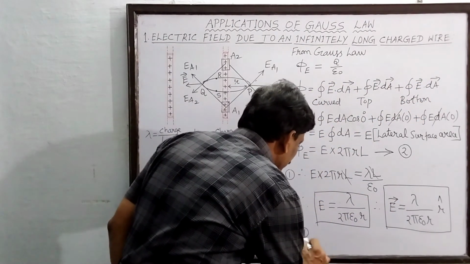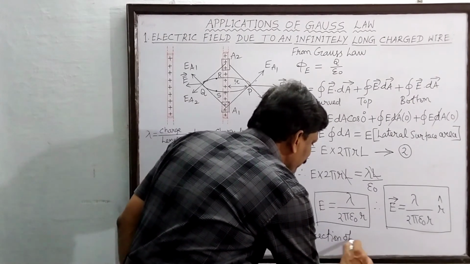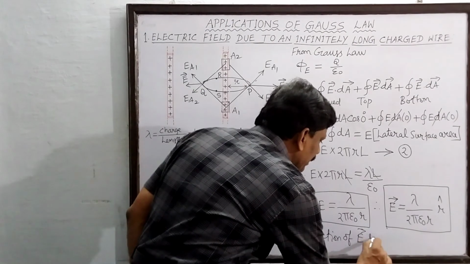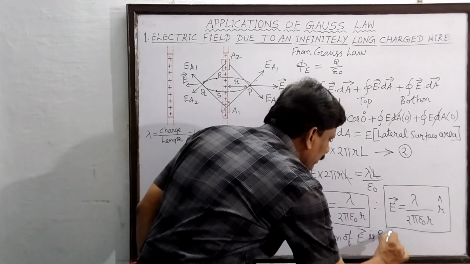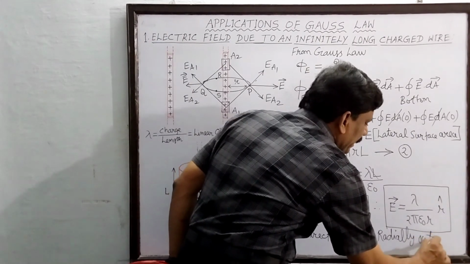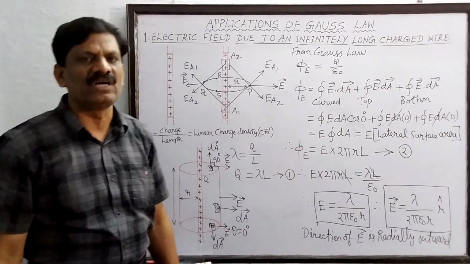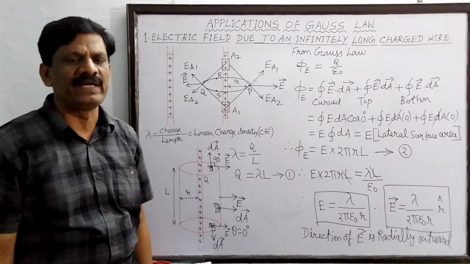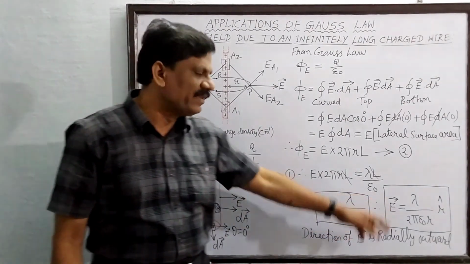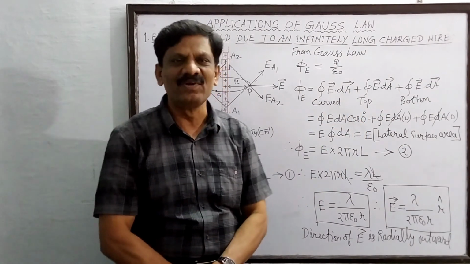So direction of E is radially outward. Suppose if you take negatively charged wire in place of positively charged wire, then the direction of E will be radially inward. Okay, students, have you understood? Okay, fine.